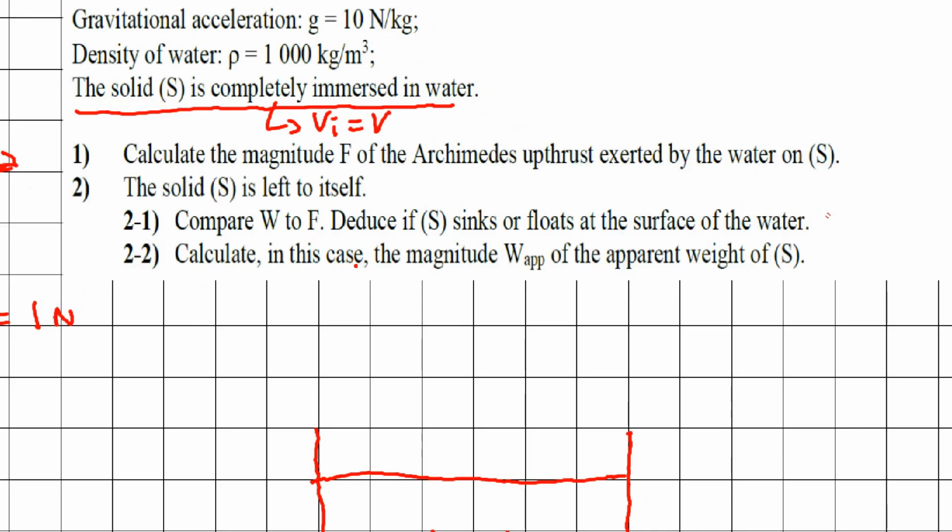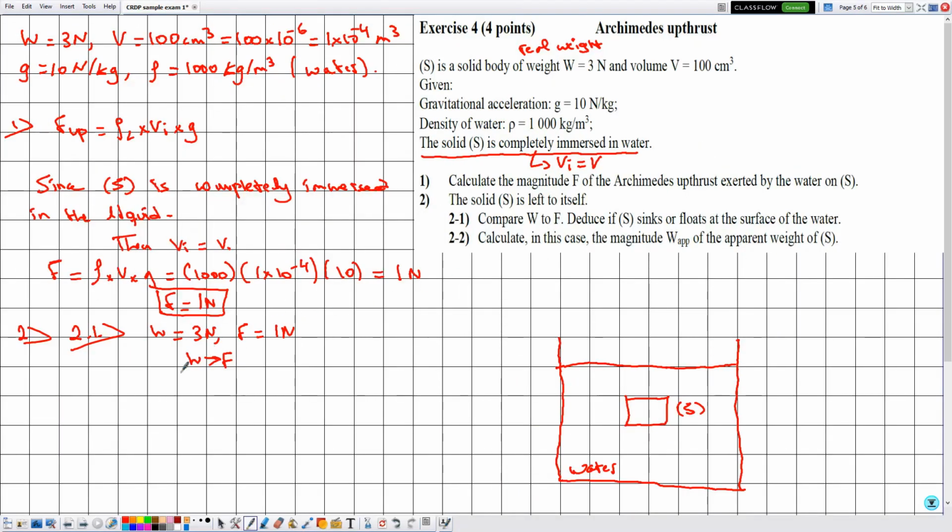And they are telling us to deduce if S sinks or floats at the surface of water, and by deduce it means that we need to use the previous part. In the previous part we determined the comparison between the magnitudes of W and F. So knowing that, let me sketch the vector W, and this is F. Notice that this sketch is not part of the answer.